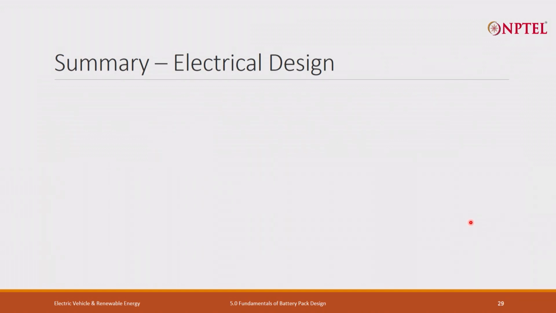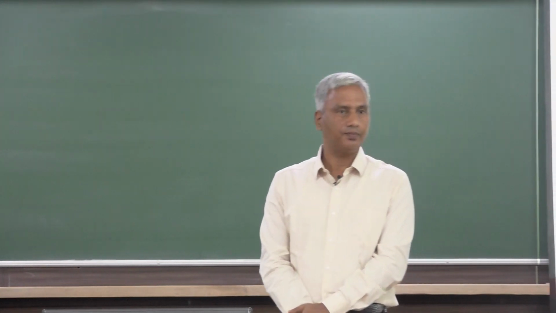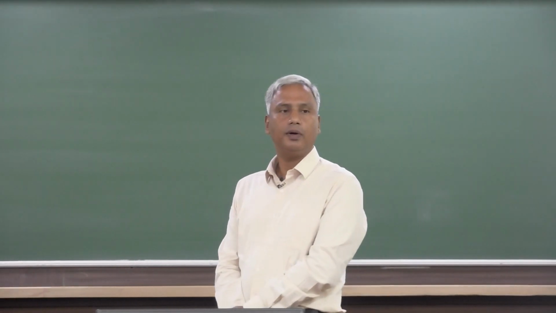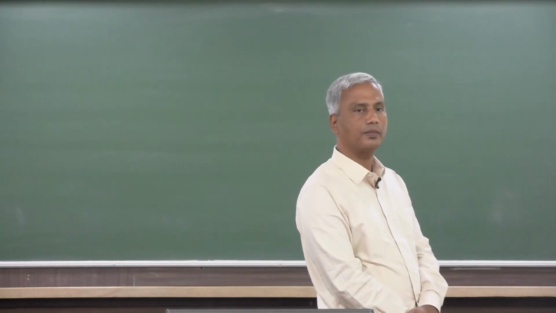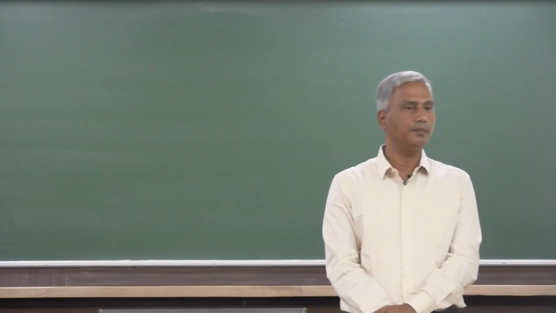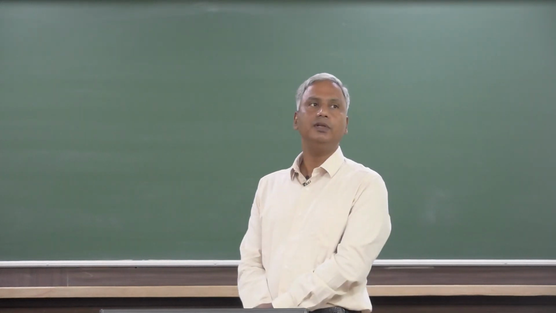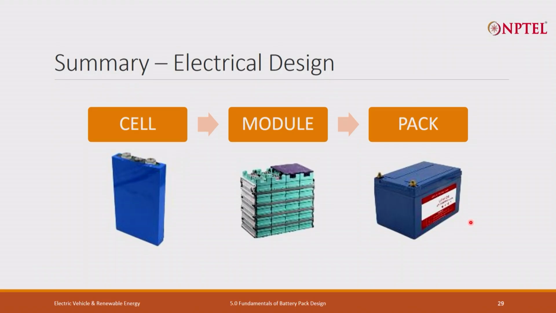So, I will summarize the electrical design we have discussed. For the electrical design of the battery pack, you have various factors for cells depending upon cost, availability and performance. We select a type of cell, then using MP-NS theory, M parallel, N series, parallel first, series second, we derive the capacity, voltage and current requirement.